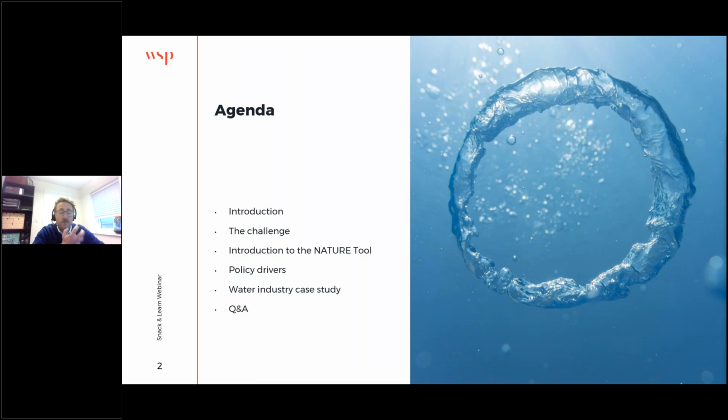I want to give you a very practical example of how this has been done, and also some of the policy drivers behind this. And then I want to spend a fair amount of time on a water industry case study. But I should note that this is not only relevant to the water industry, but certainly goes beyond the sector. And then, as I will mention at the end, we will have plenty of time for questions and answers.